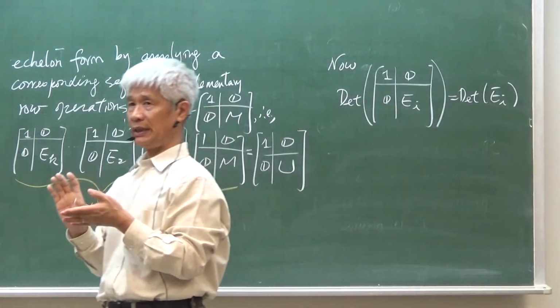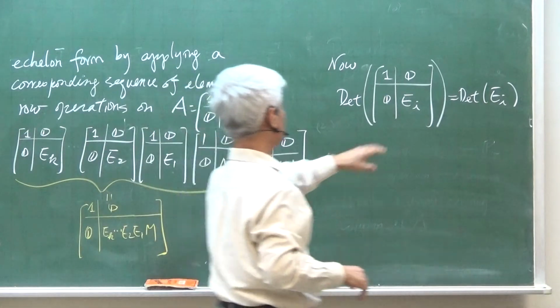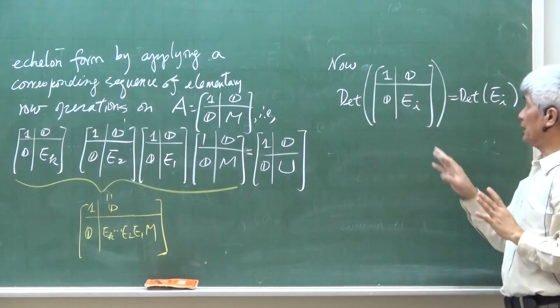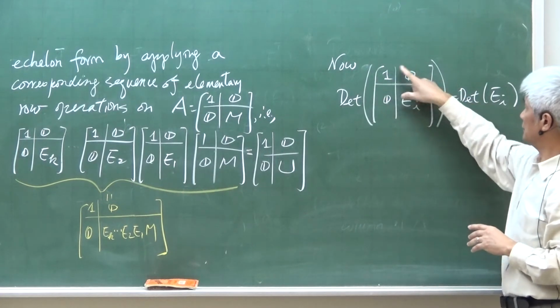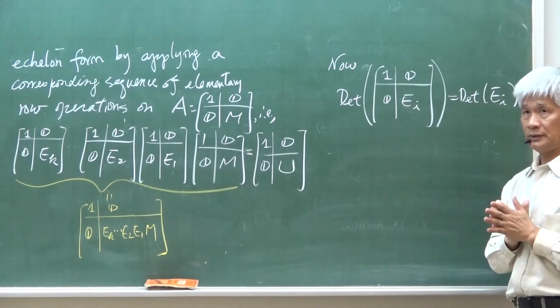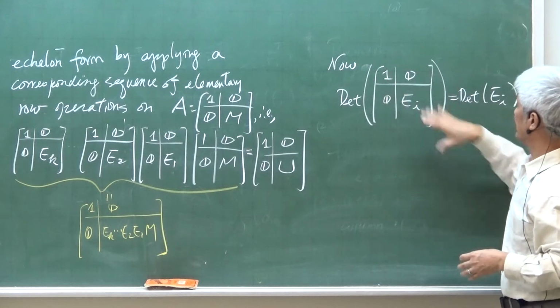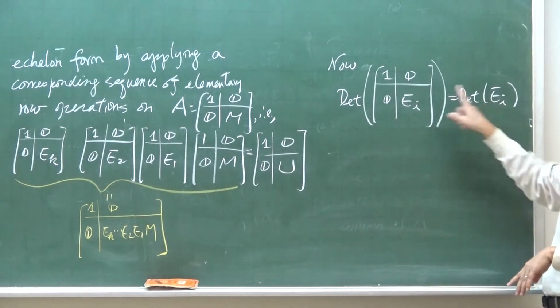Second is scaling by a non-zero scalar. And the third is the exchange, swapping, right? So if Ei here is about replacement, then this is also an elementary matrix corresponding to replacement too. But for replacement, the determinant is always equal to 1. So this is 1, this is 1, so they are equal.